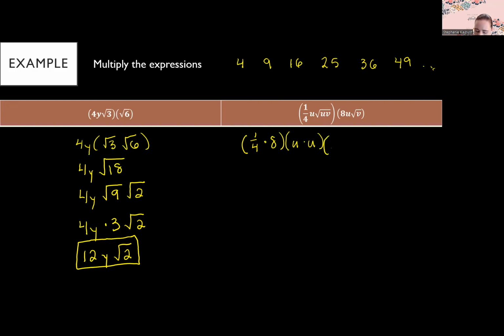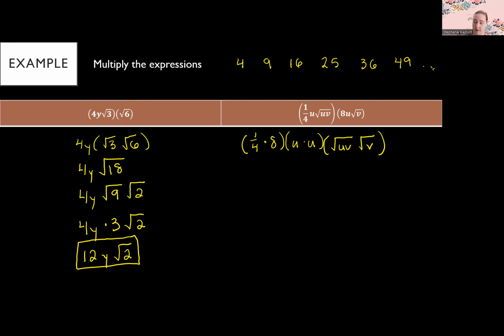And then we've got the square root of uv times the square root of v. So if you wanted to, you can put in parentheses 1/4 u times 8u. I mean, we're familiar with how to multiply that, but you can also split it, put the numbers together, then the variables, and then the square root.